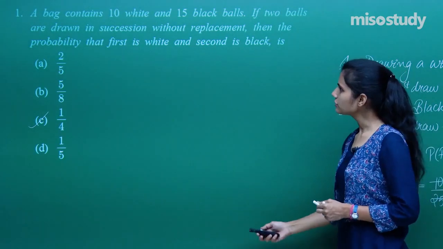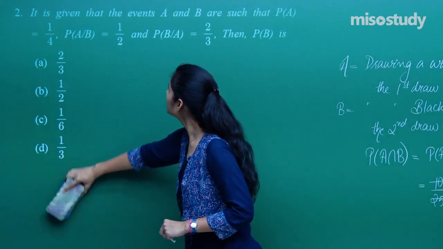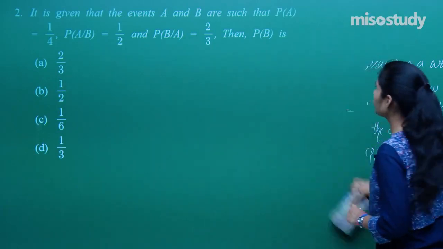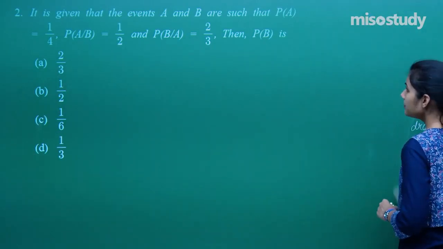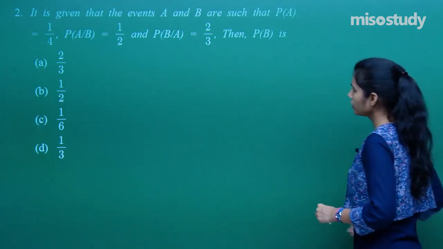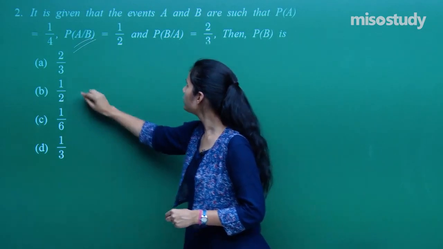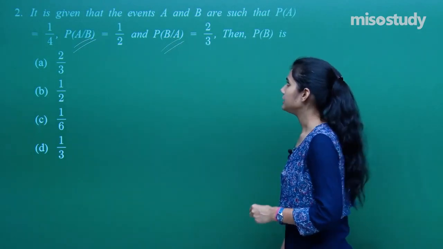Now moving on to the next question. It is given that the events A and B are such that probability of A is 1 by 4, probability of A by B is 1 by 2, probability of B by A is 2 by 3, then what is probability of B? Okay, so over here you are given A by B's probability and B by A's probability.